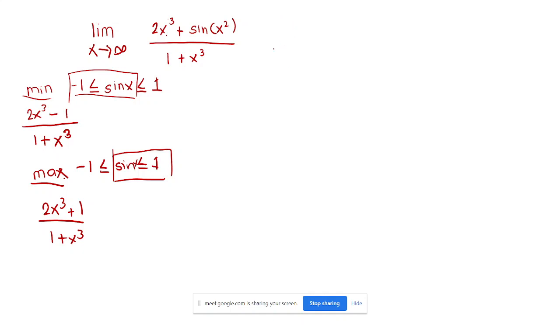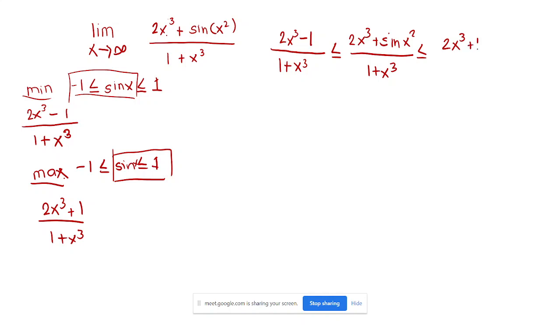So, 2x cubed minus 1 over 1 plus x cubed is less than or equal to 2x cubed plus sine x squared over 1 plus x cubed, which is less than or equal to 2x cubed plus 1 over 1 plus x cubed.